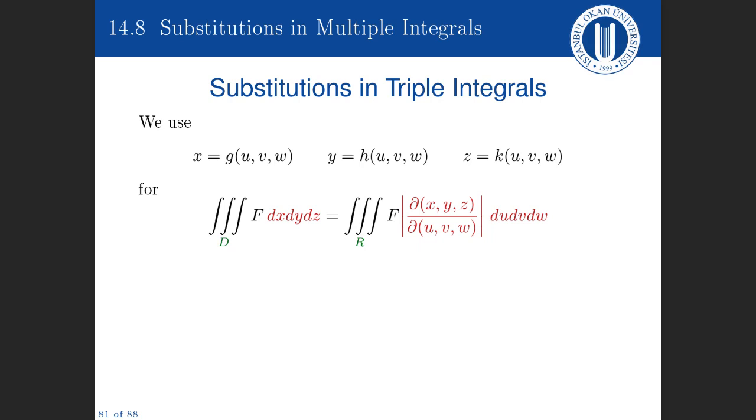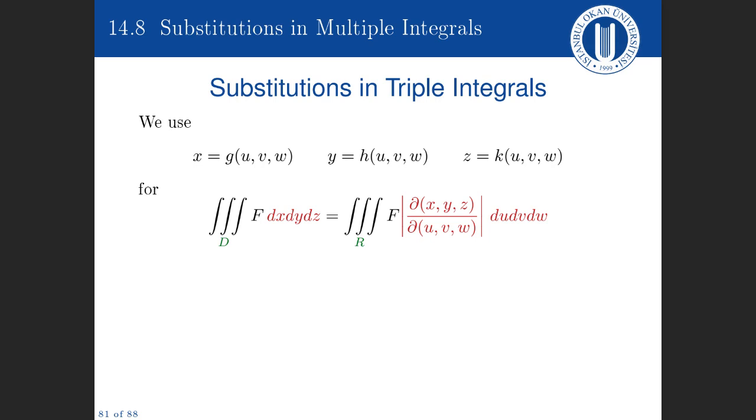In the last 5 or 10 minutes, I want to talk about substitutions in triple integrals. The idea is the same. We want to change our variables x, y, and z into new variables, and we can use the letters u, v, and w if we wish. What do we need to change?